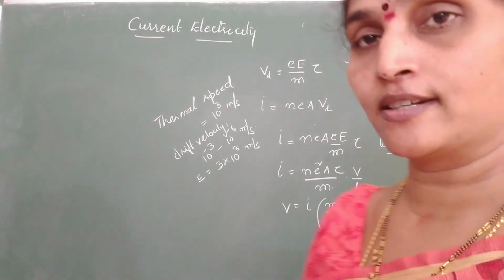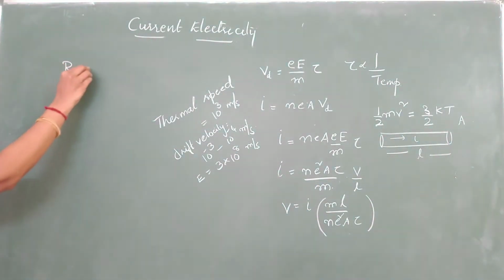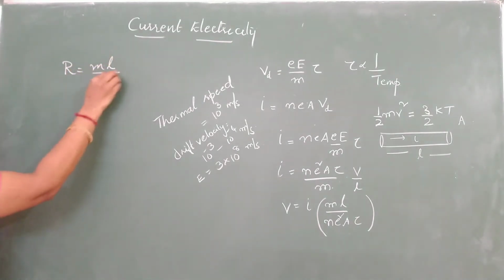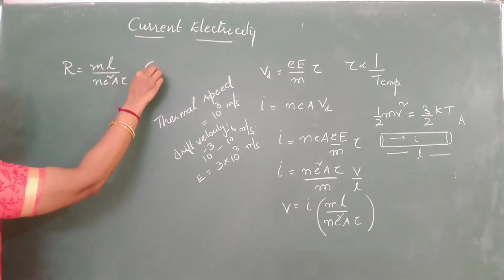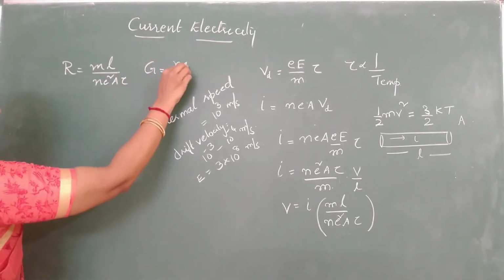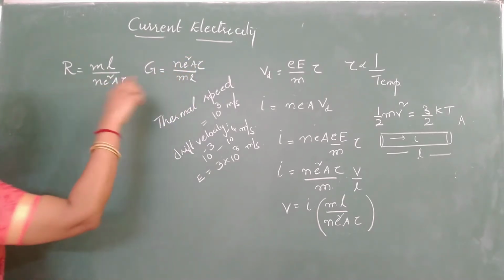So how will you write resistance in microscopic terms? Resistance is equal to m into L by N e square A into tau. If you know resistance, conductance is its reciprocal. From this you can write its dimensional formula also.